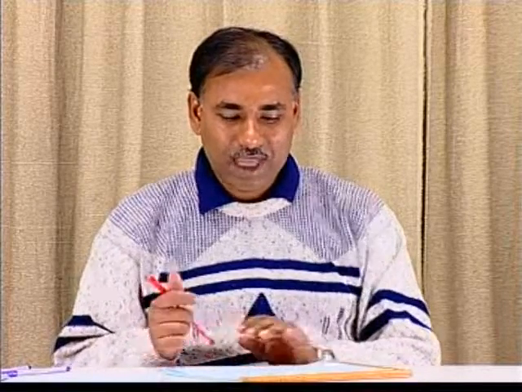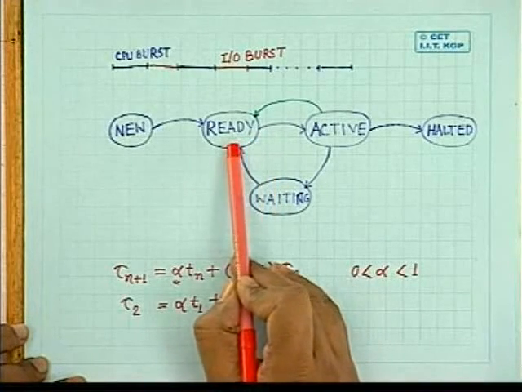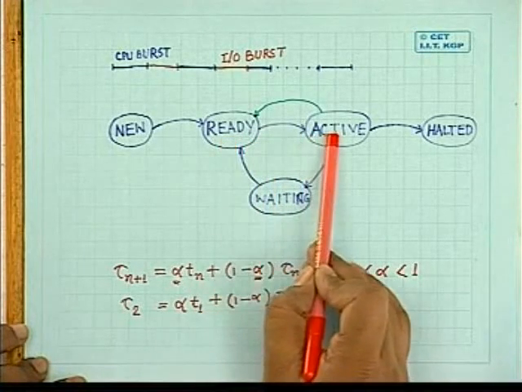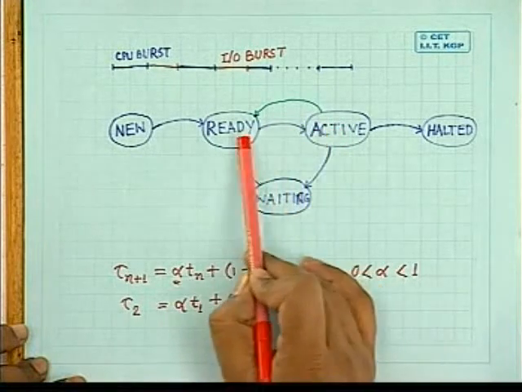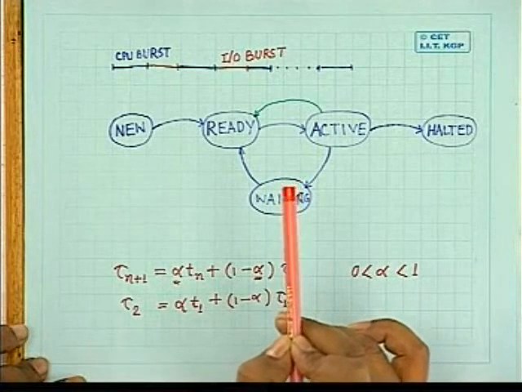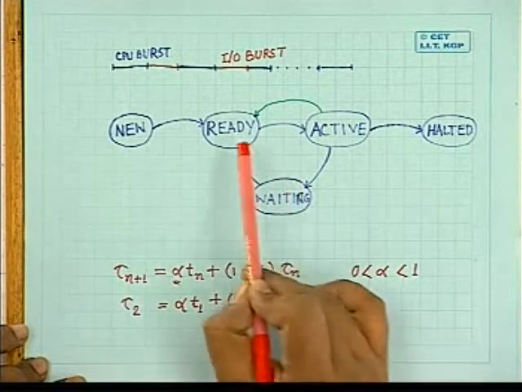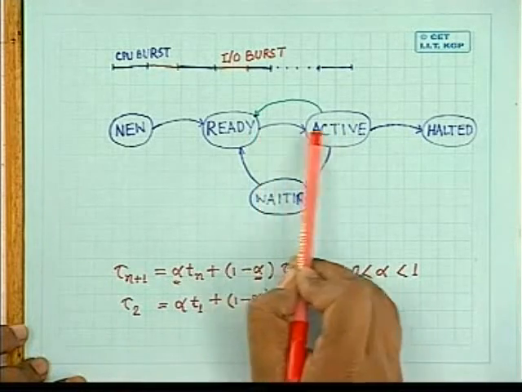As we have said, the scheduler which puts a job from the ready queue to the active state is more concerned about the CPU burst time of the job. And the CPU burst time being very short, this scheduler cannot take much time to decide which job has to be made active.